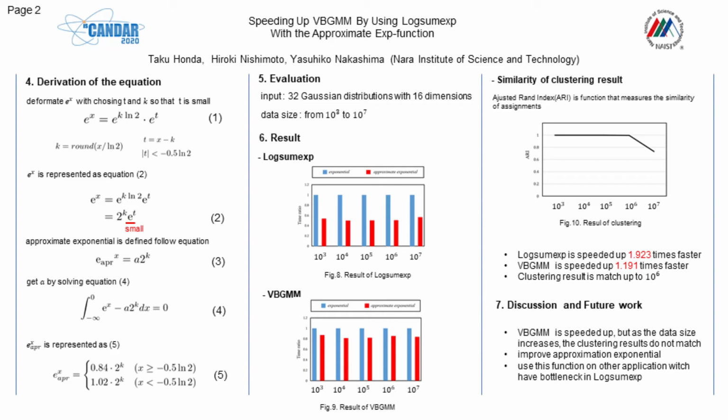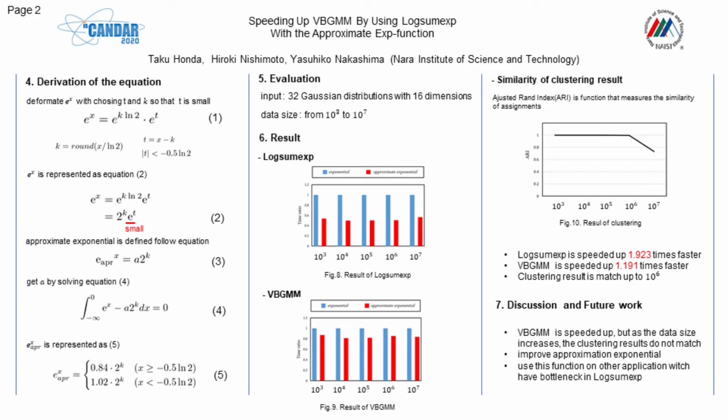Because we have chosen variable t to be small, we define the approximate exponential as equation 3. And next, solve equation 4 to find the constant value a. Finally, approximate exponential is represented as equation 5.